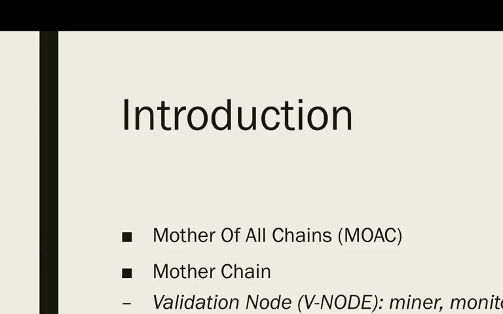MOAC stands for Mother of All Chains. We started this project in January 2017, and we discussed ideas about how to use microchain technology to finish sharding and to increase blockchain usability.